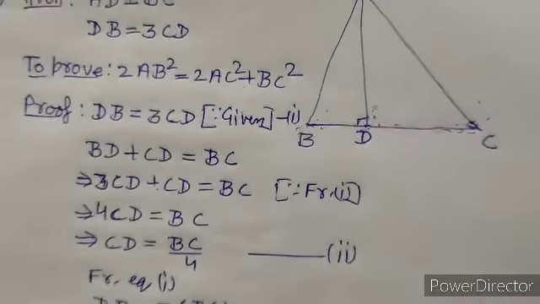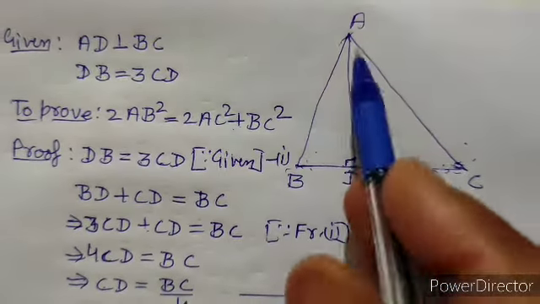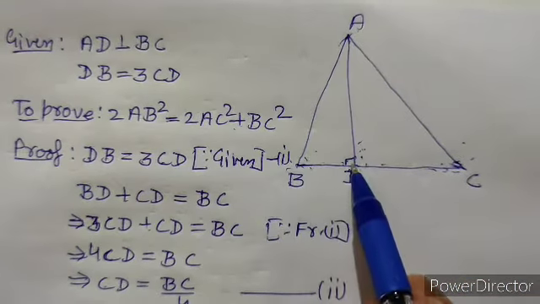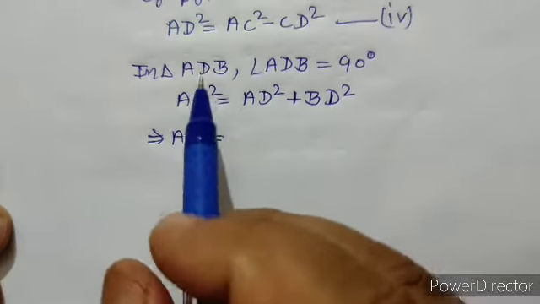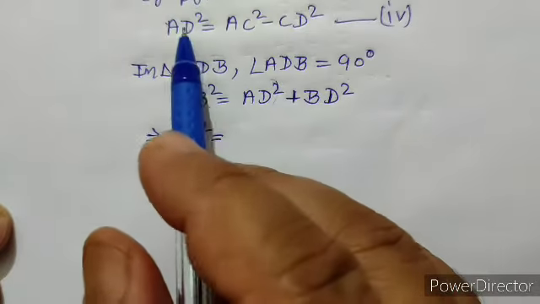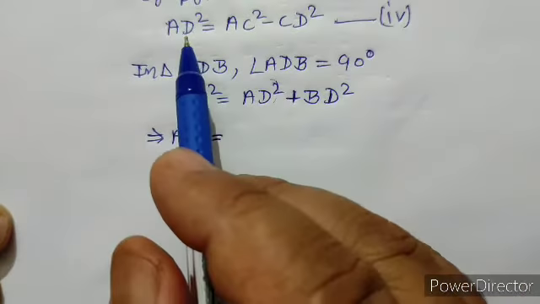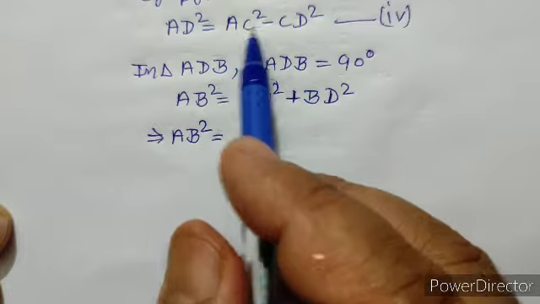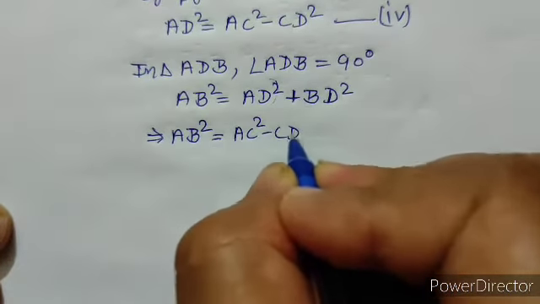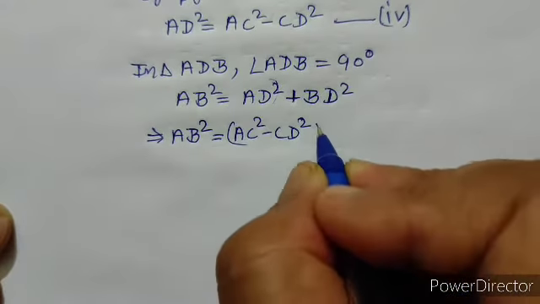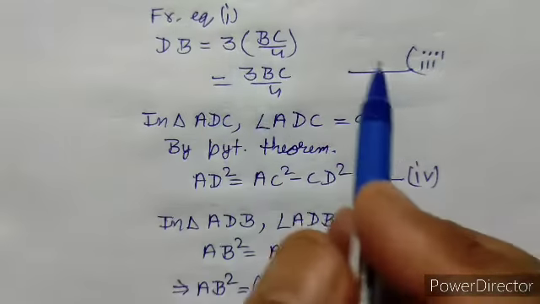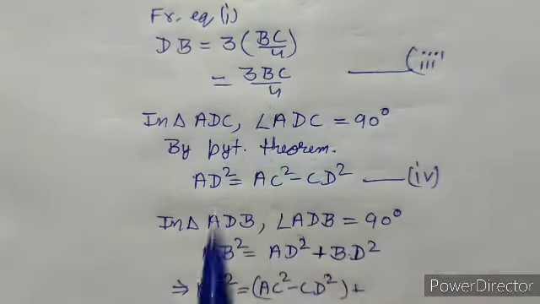Now in triangle ADB, AB square will be equal to AD square plus BD square. Now this means AB square will be equal to, now here AD square we have from equation 4th, we can write AD square as AC square minus CD square, plus BD square, and BD in equation 3rd was equal to 3BC upon 4.